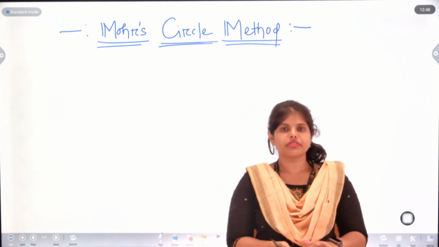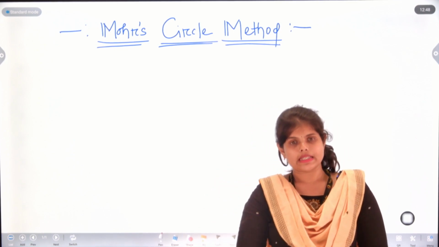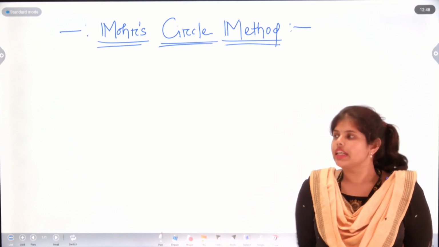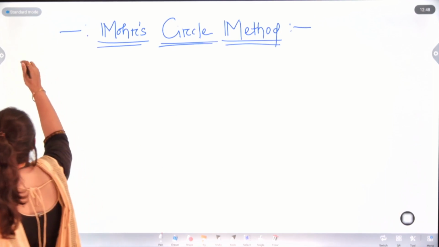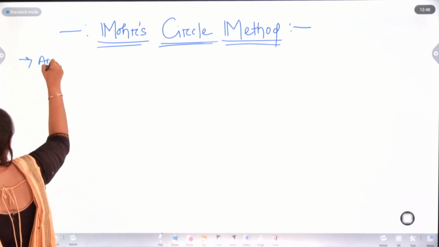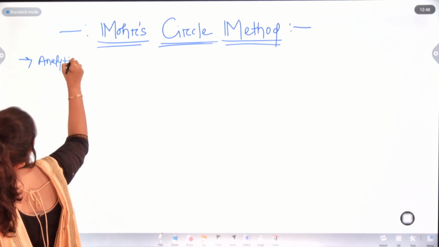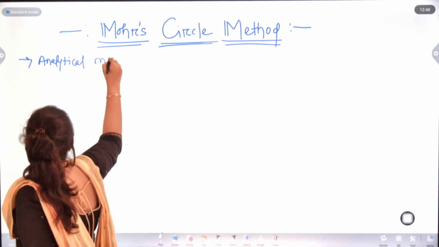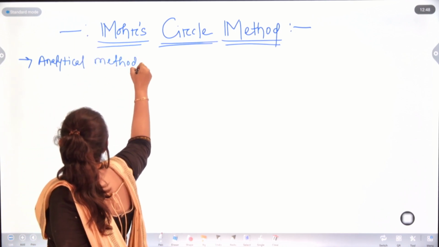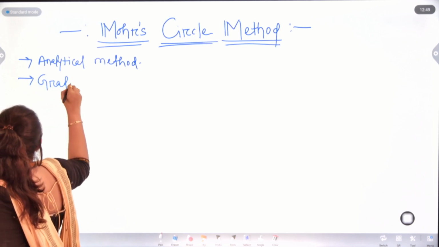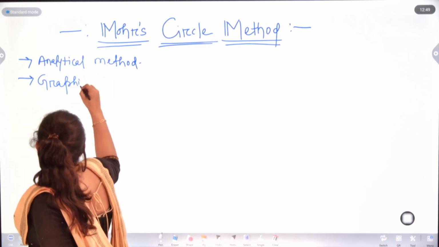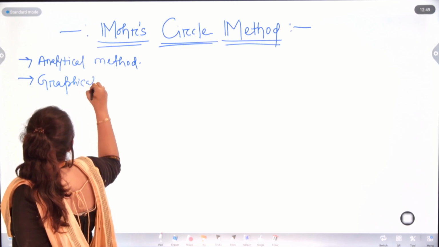So, we are continuing with principal stress and strain. Till now we have known that there are two methods: one is the analytical method and the other is the graphical method. In our previous classes we have already understood and derived all those analytical methods.